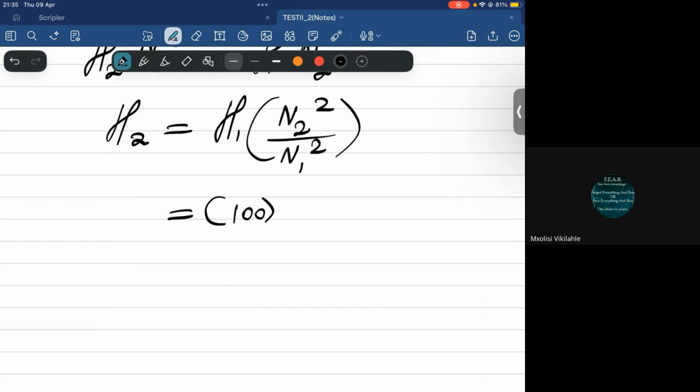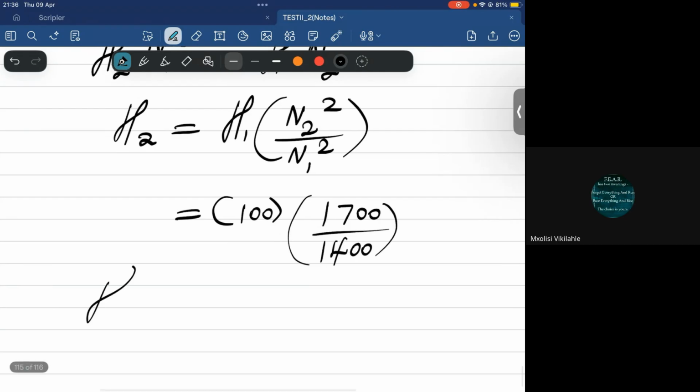Okay, let's substitute. N2 squared divided by N1 squared is the same as N2 divided by N1, all squared. N2 is 1,700 revolutions per minute, whereas N1 is 1,400 revolutions per minute.